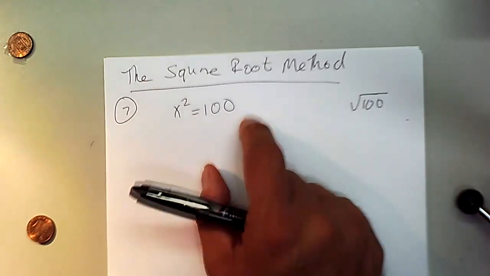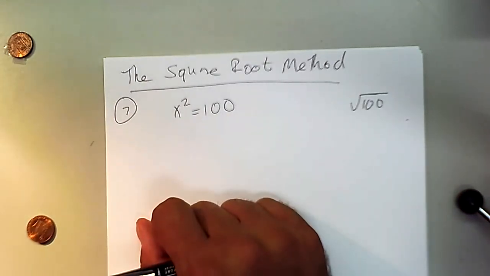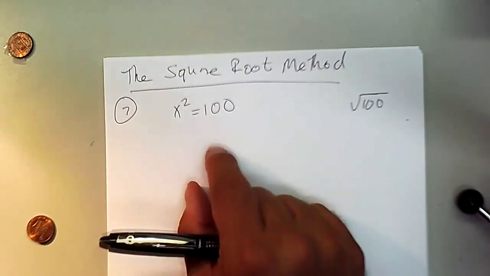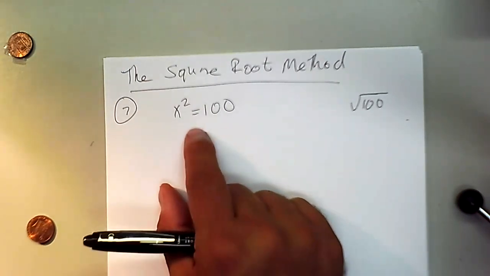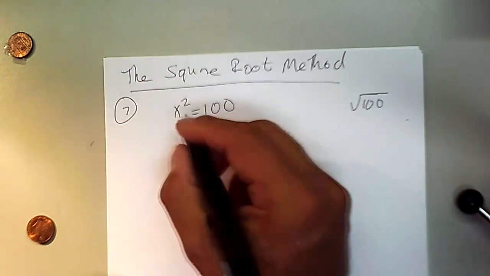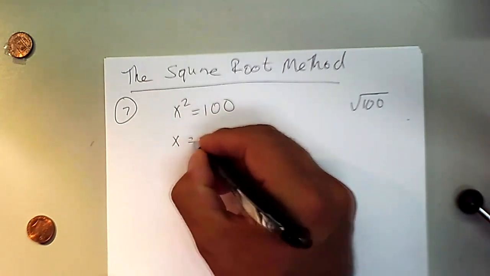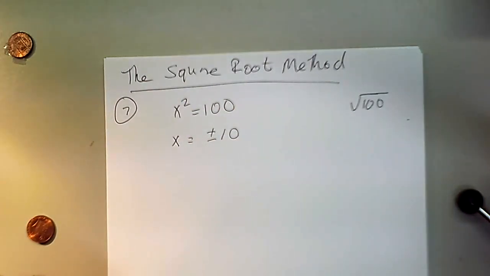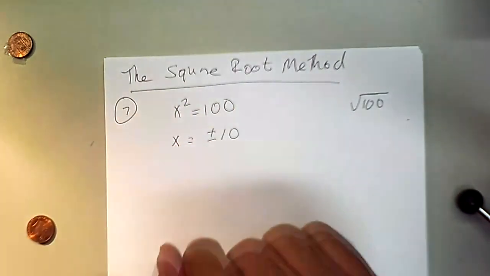When we are solving an equation in mathematics and there's nothing else, we want every one of the possible solutions, all of them. So we take the square root on both sides and there's two possibilities. We could have plus or minus 10. This is the way most people write it.